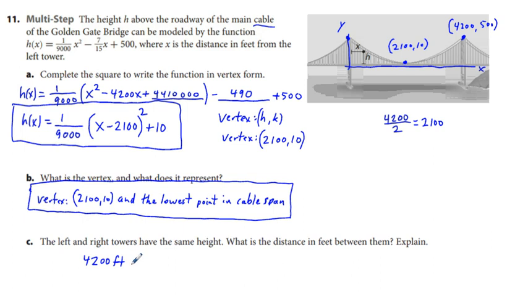The equation tells us so, because of the second tower being 2,100 feet beyond the vertex of the parabola.